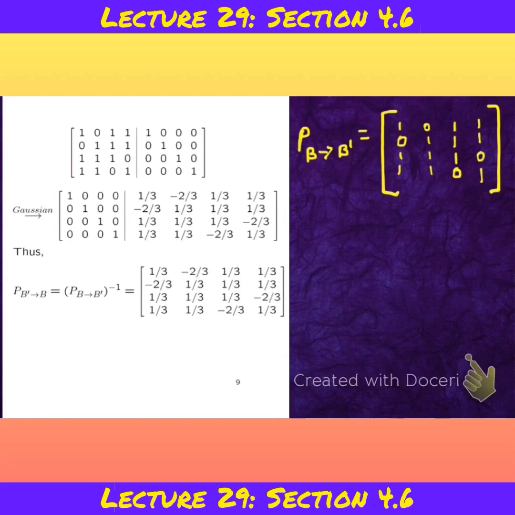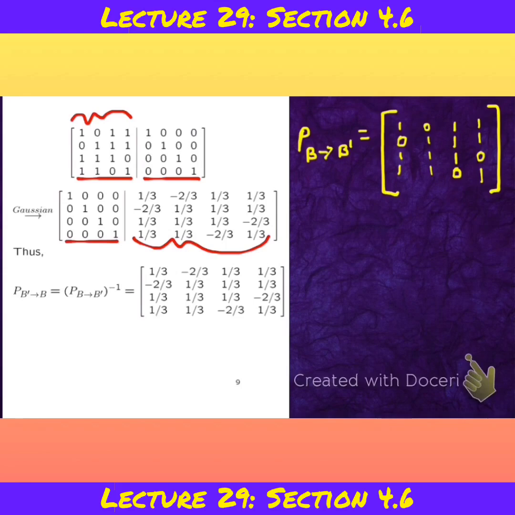Alright, so there we have our information, and if we look at the change of basis matrix that we derived, we get that one there. Here we want to find the inverse using Gaussian elimination. So we write down the identity matrix on the right hand side, and we use Gaussian elimination, rewriting this matrix using row operations to find the identity matrix on the left hand side, and whatever is on the right hand side is my inverse.